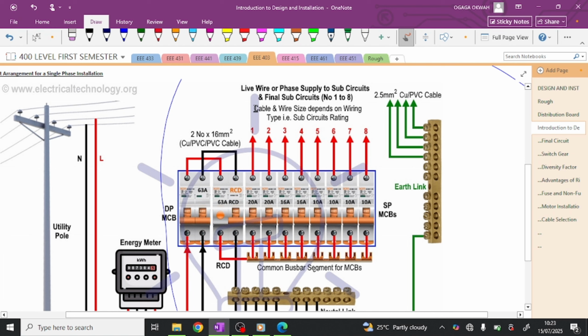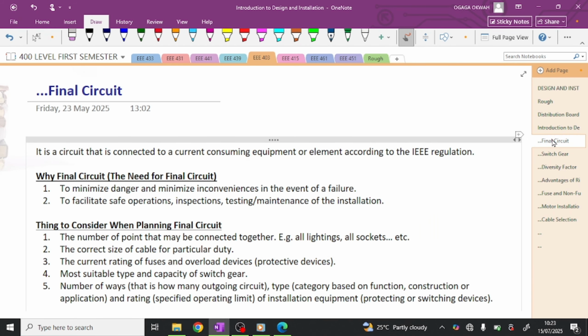That's the bus stop, that's the final point. So the name, final circuit: current consuming equipment or element. IEEE is the body for electrical and electronics engineering, so of course they have regulations, and we do things according to their regulations.